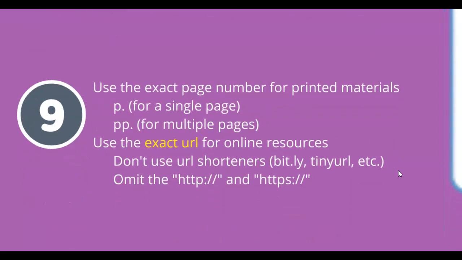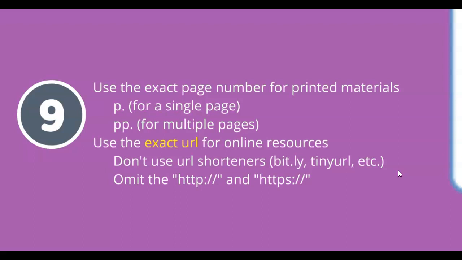All right, and lastly, number 9, you're going to use the exact page number for printed materials. So say you're using a novel, you're going to put a P period for a single page that you use. But if you're using multiple pages, like let's say I'm using pages 5 through 9, I would put PP period 5-9. Next, use the exact URL for online sources.